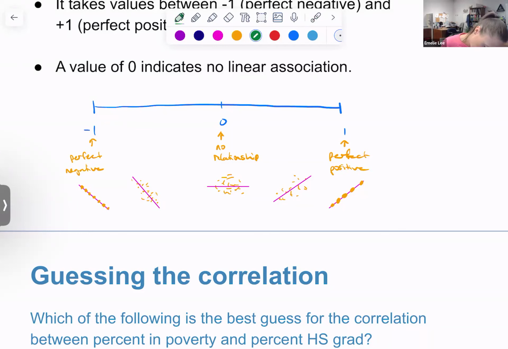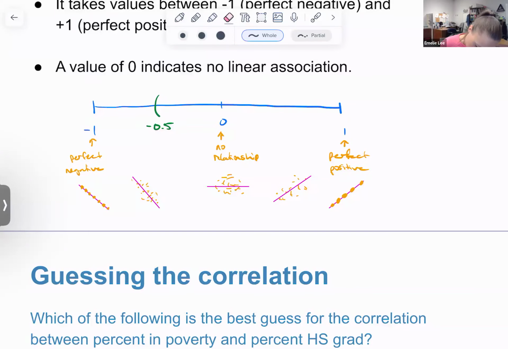And so here, kind of around negative 0.5 and roughly positive 0.5. Now, I just use these as a guide, right? So if you have a correlation value, then you can look at that value and say, oh, it's strong or it's weak or moderately strong, moderately weak, that kind of thing.